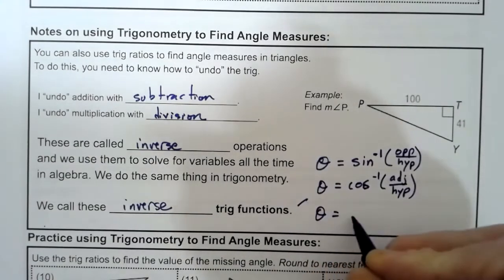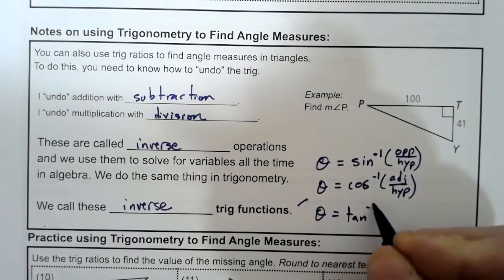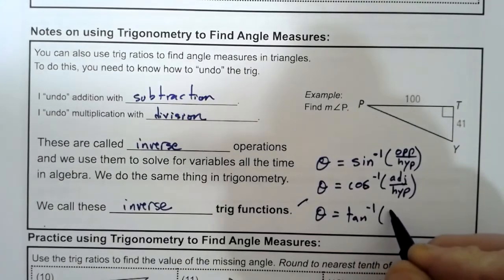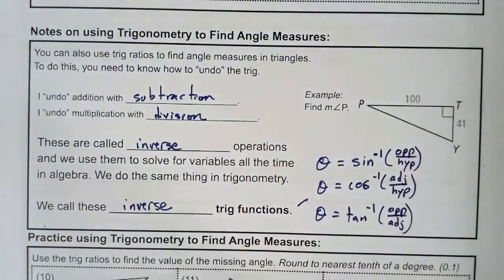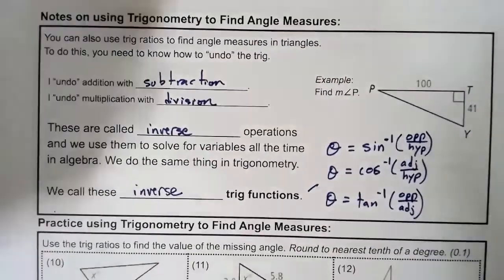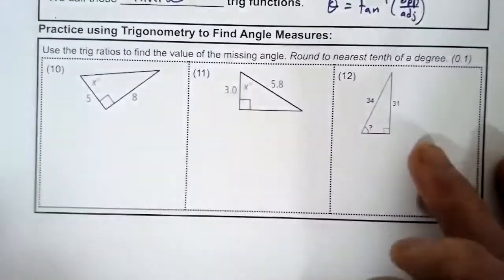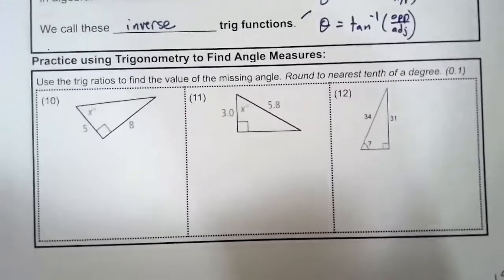Theta could also equal the inverse tangent of the opposite over the adjacent. And yes, we'll do 3 of these practice problems just to make sure we know what we're doing here. All right, let's jump in. Show you what this looks like here.